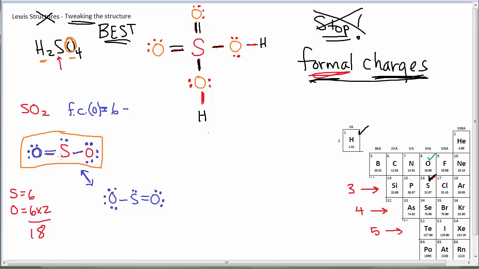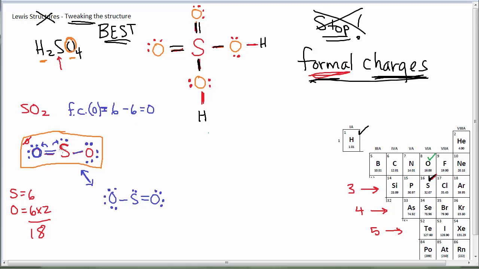Remember, a double bond has 4 electrons or 2 pairs of electrons. Half go with the oxygen, half will go with the sulfur in terms of counting formal charges. Remember, we count them all when we get our octet, but we split them in half for formal charges. So the formal charge on the left oxygen is 0.